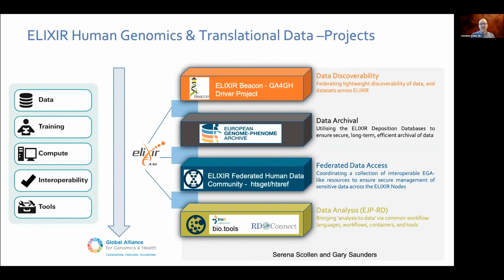And that's through things like data discoverability through the Beacon project, and that's a driver project within the Global Alliance for Genomics and Health, where ELIXIR has the first strategic partnership with that global body, because we collaborate and work on so many different areas of standardization, including cloud and AI, which is the ELIXIR Cloud and AI, a separate driver project in itself within that body.